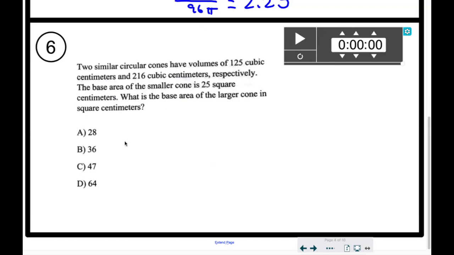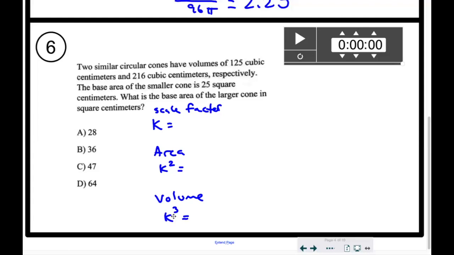So what we want to realize is k is the scale factor, which we don't know. Then anything to do with area is going to get multiplied by k squared, which again we don't know. And whatever the volume gets multiplied by is going to be the scale factor cubed.